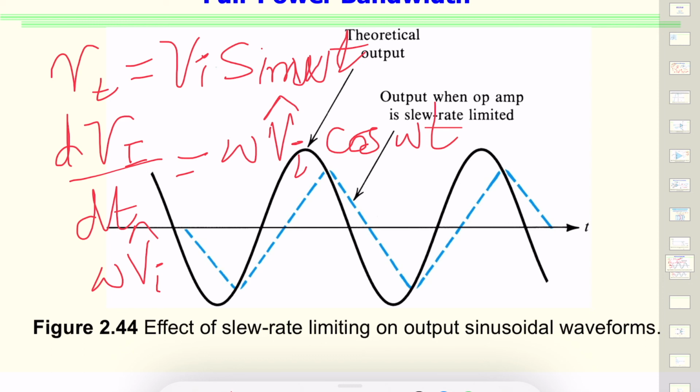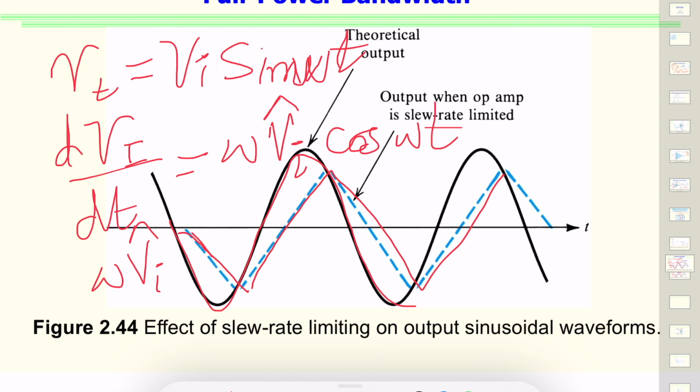Now, if the rate of change of the input is larger than the slew rate, we get this situation where theoretically the output should follow the cos signal, but as soon as it gets here, it starts falling. It's always lagging, and the large rate of change at the sine input zero crossing results in the op amp slewing.